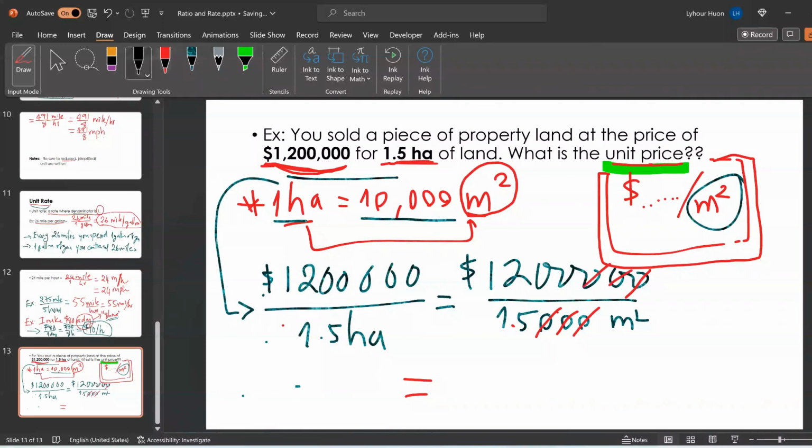So now what we have left is $1,200 over 15 meters square. Now divide 1,200 by 15.